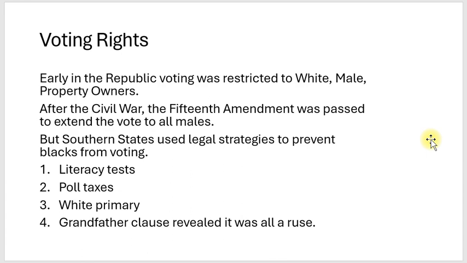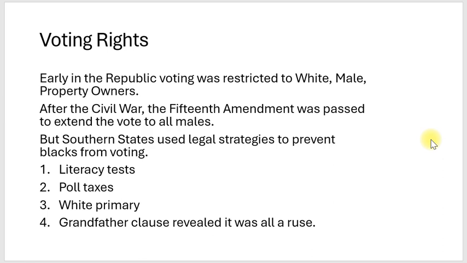All right. But after the Civil War, you get the 15th Amendment, which was passed to extend the vote to all males. All males. So women still can't vote. And initially, as we said early on, blacks had this right and they were exercising it. But then with the end of Reconstruction, you have the Jim Crow laws coming back, and that's what happens.